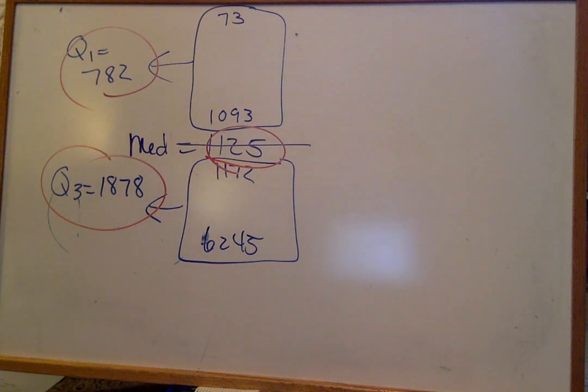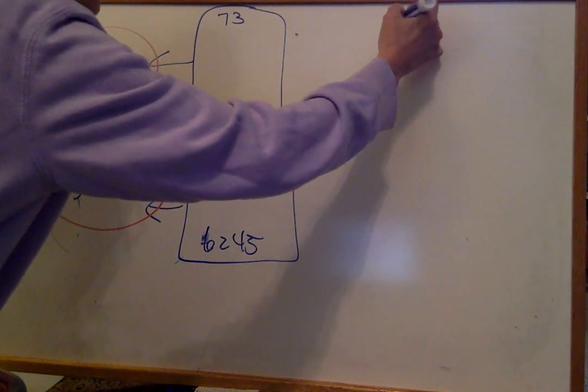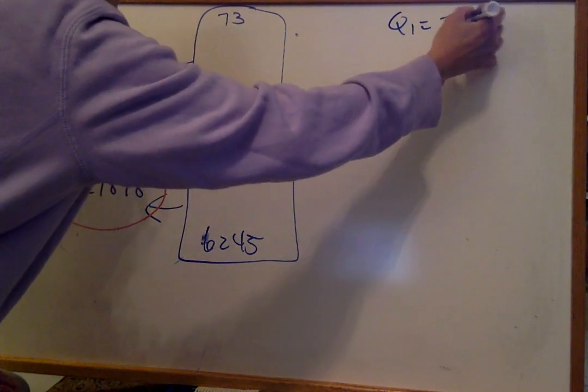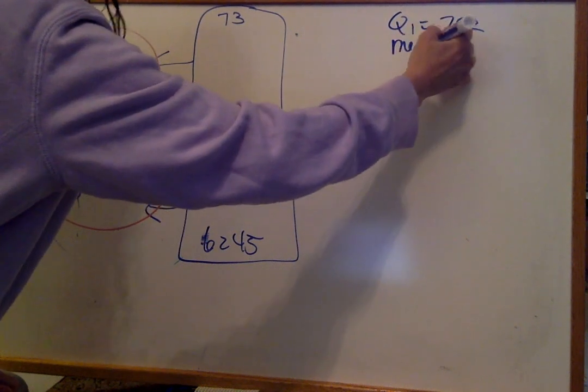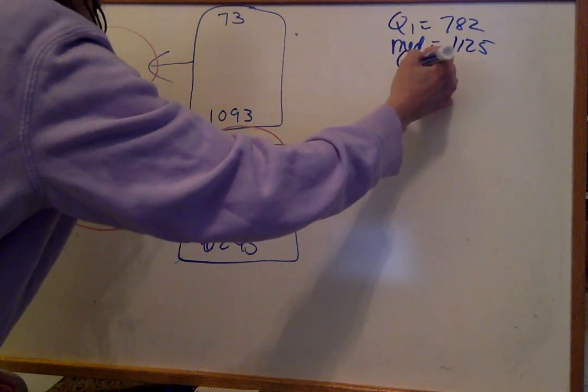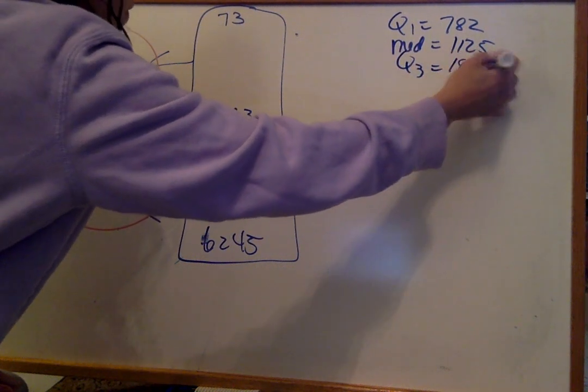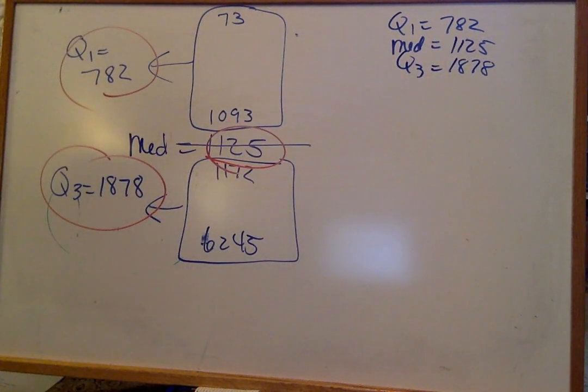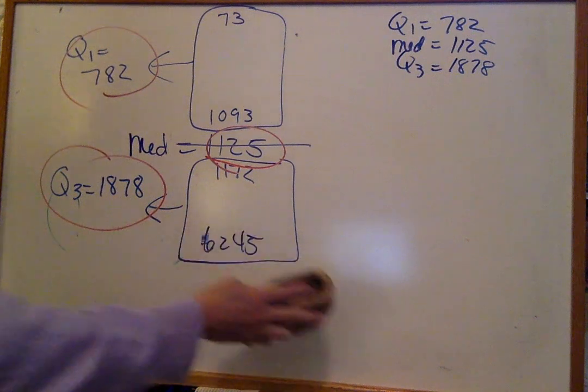I'm going to put this up way over here so we don't forget. That right now is all you need to be able to work on the template for the box plot.